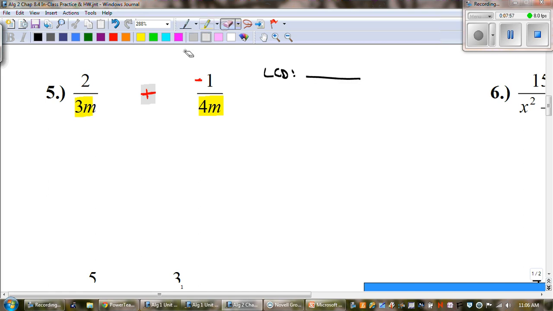Now, the nice thing is they both have an m, so that's good. So the thing they have in common is an m. But one has a 3 and the other has a 4. So our LCD is a combination of all of those, so the LCD is going to be 12m.